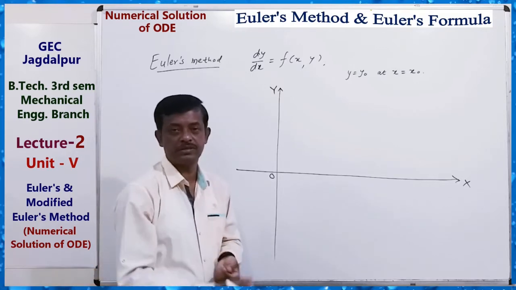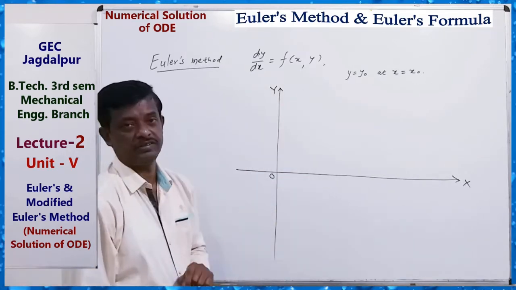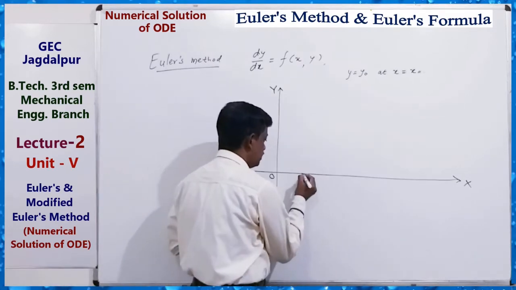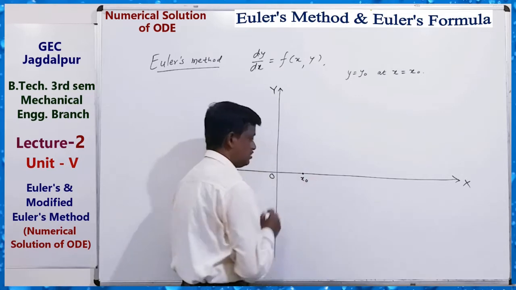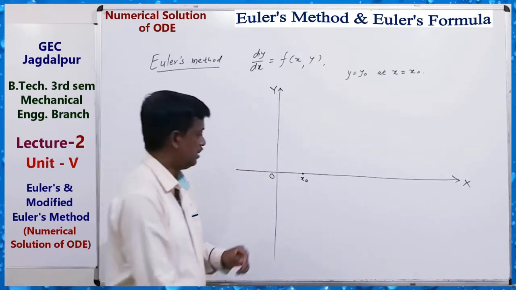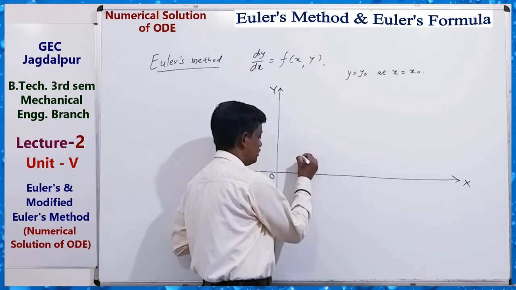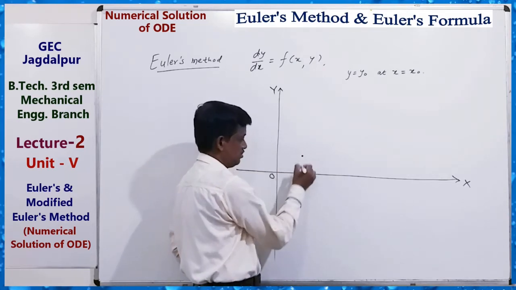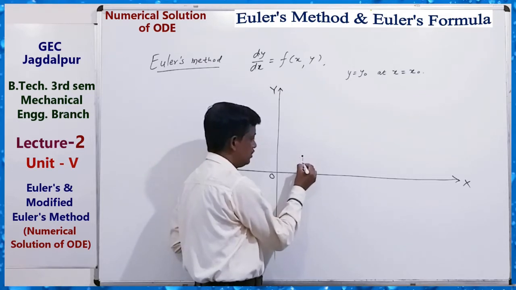The curve of solution is its solution. The initial point is x0, y0. Suppose this is x0, and y0 is this value here.